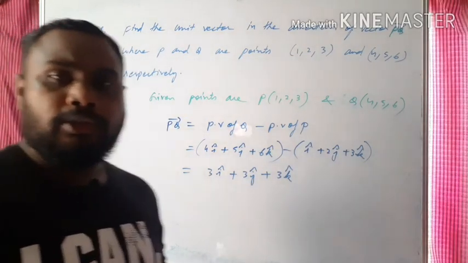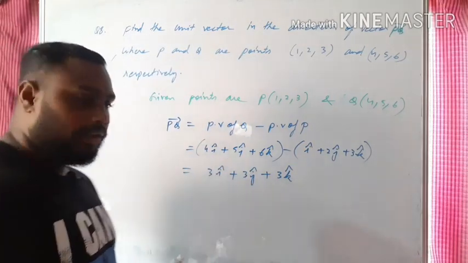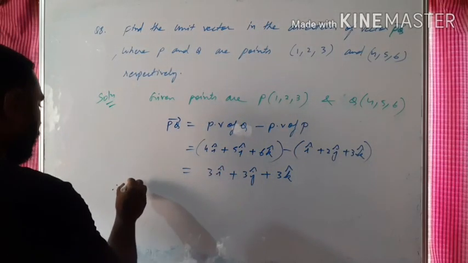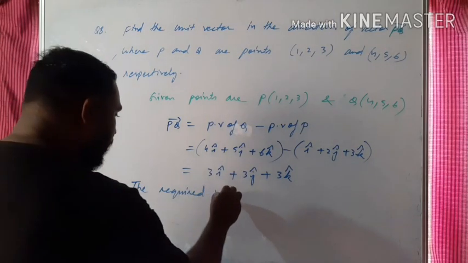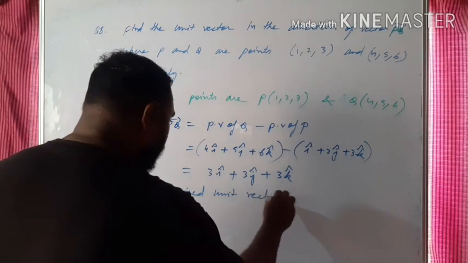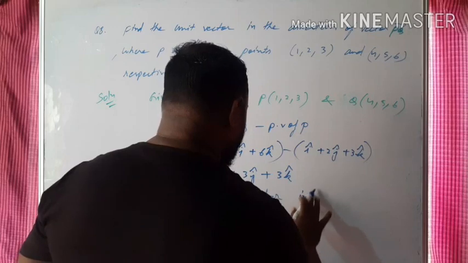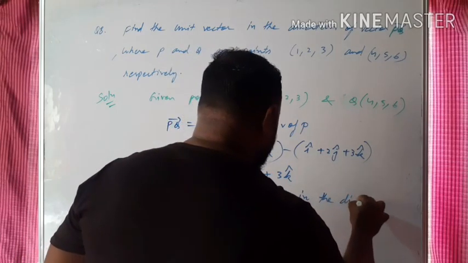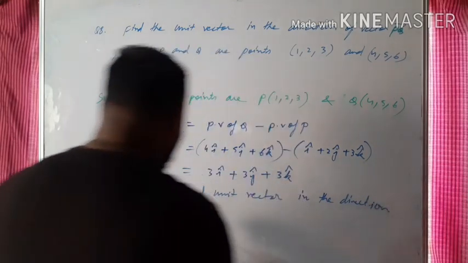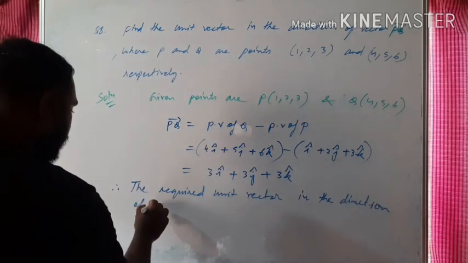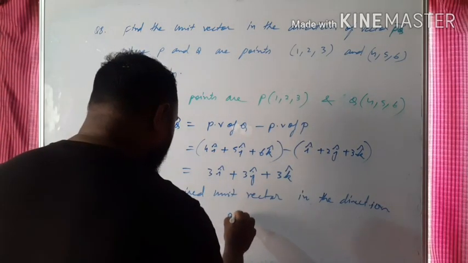Now I want to find the unit vector in the direction of this vector. So therefore the required unit vector in the direction of the PQ vector, we can write as PQ cap also.